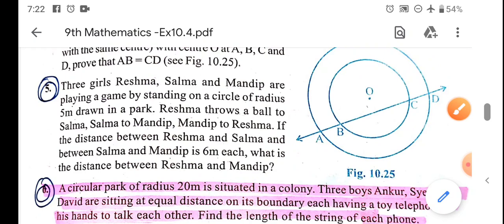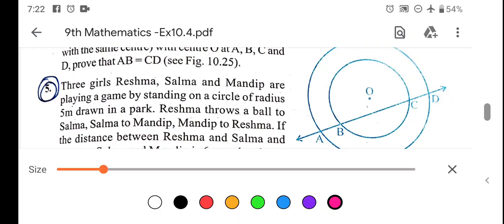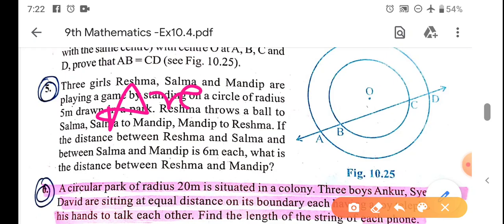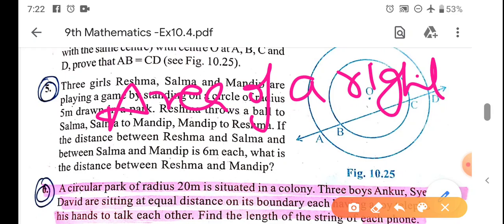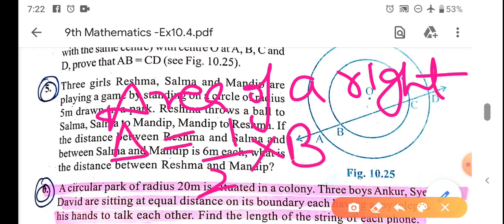Firstly, in this question we will use a property, the area of a right triangle, which is half into base into height. We will use this fact to solve this question.